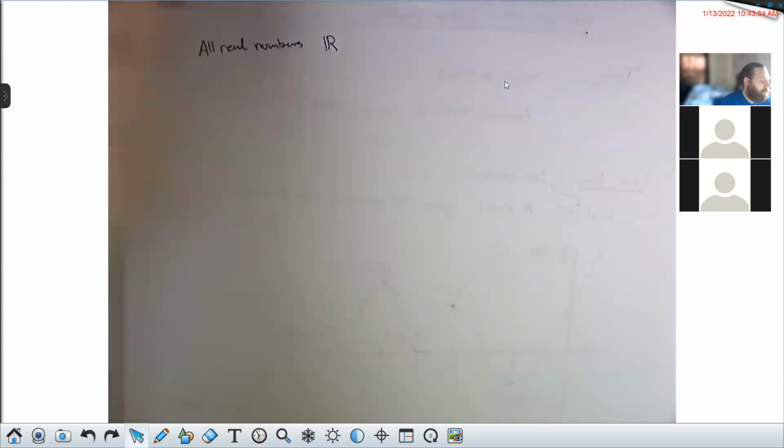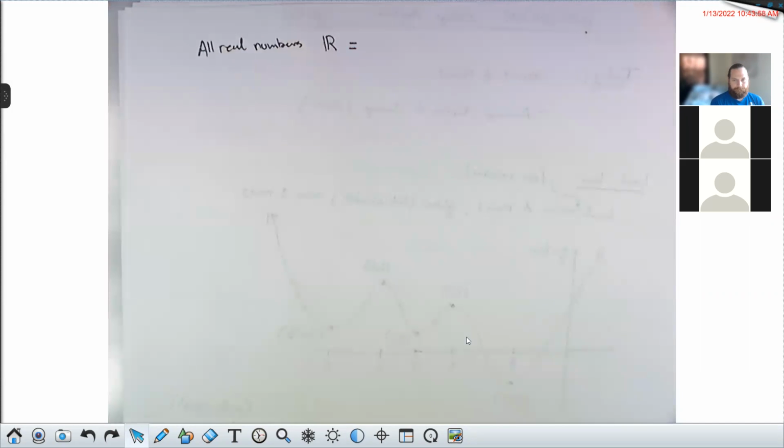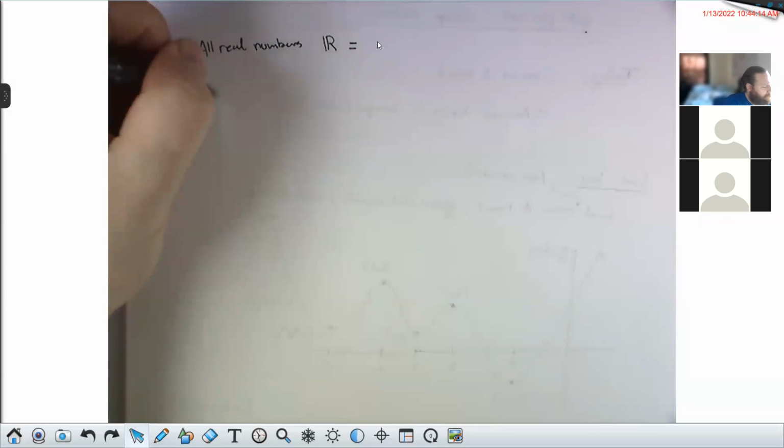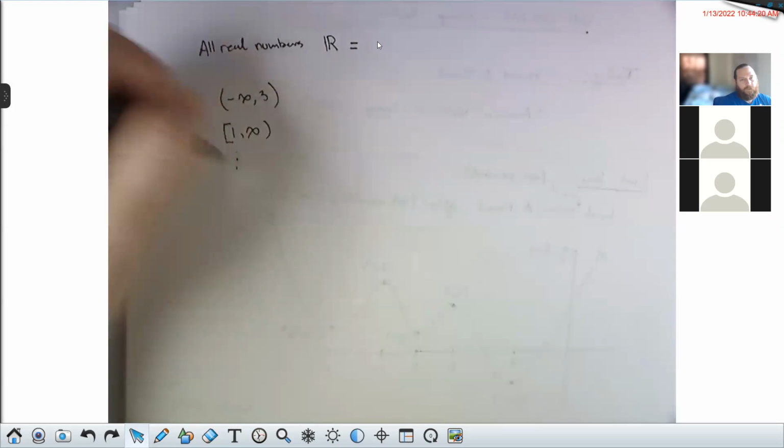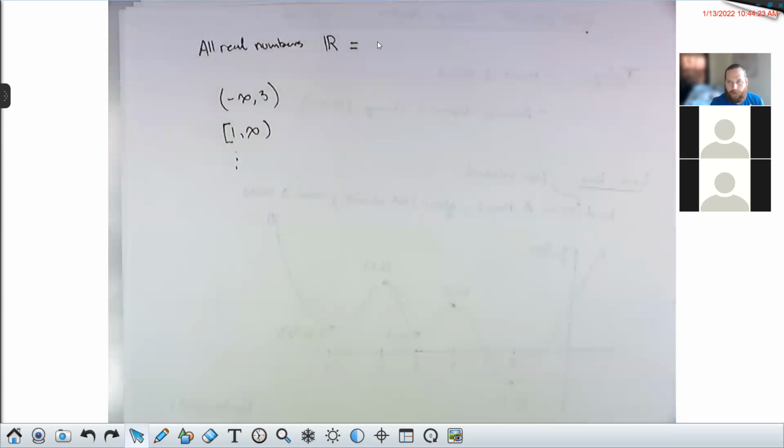So how would I describe this as an interval? Wouldn't you say R, like all real numbers, equals X? Well, remember, we're looking for something like negative infinity to 3, or 1 to infinity, something with brackets, parentheses, and endpoints.